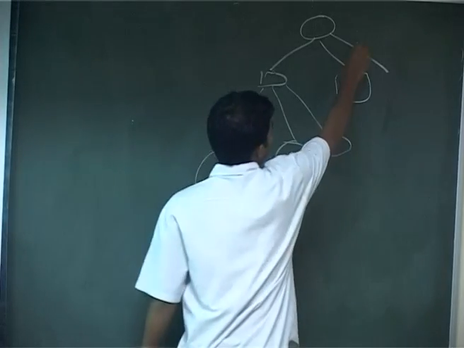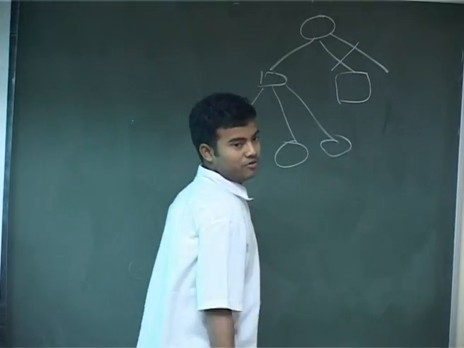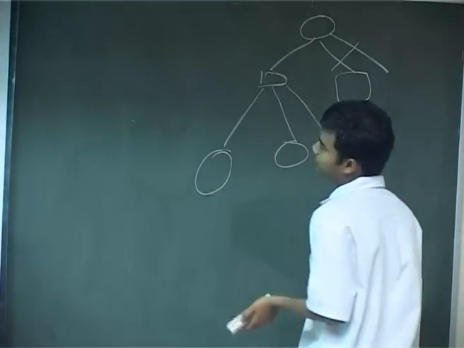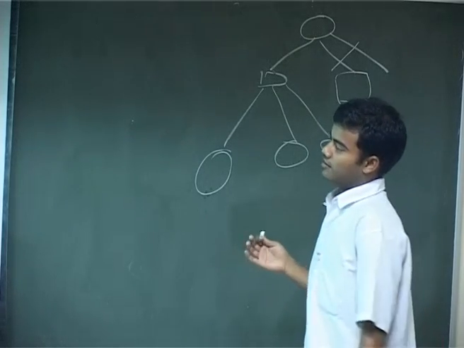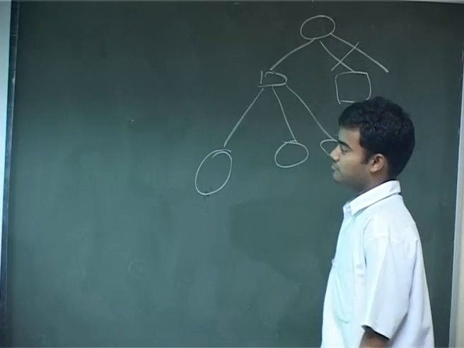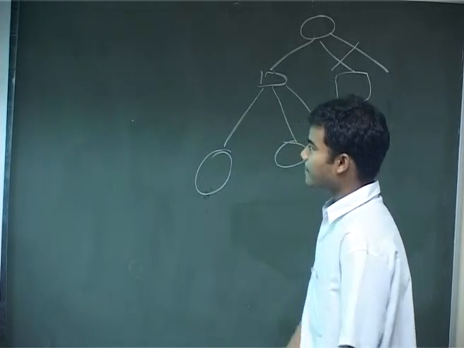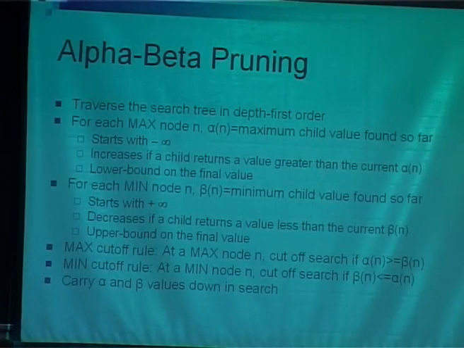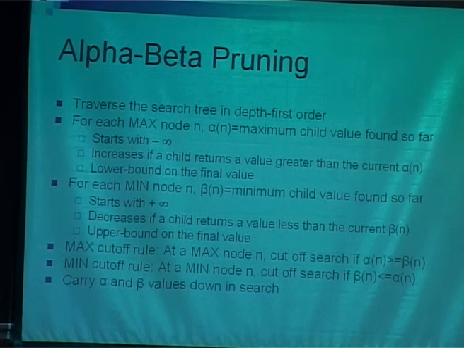So all these nodes are pruned. This is called alpha-beta pruning, and we extend this idea in our parallel algorithm also. For algorithmic alpha-beta pruning, we need in computer science everything to be algorithmic.